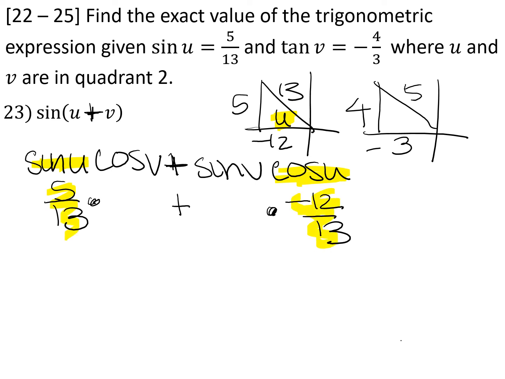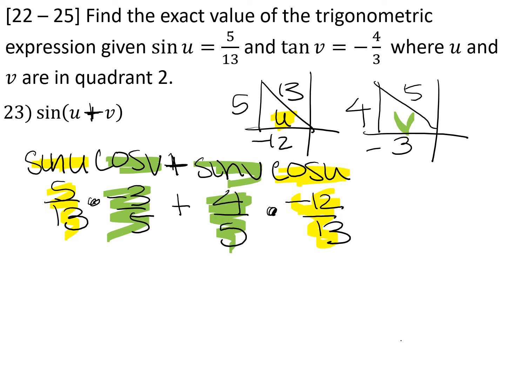Here, though, for the v, I'm going to use my v triangle, which I forgot to mark here. So I'll mark it with a v. That's going to give me this value here and this value here. So cosine of v is negative 3 over 5, sine of v is 4 over 5.